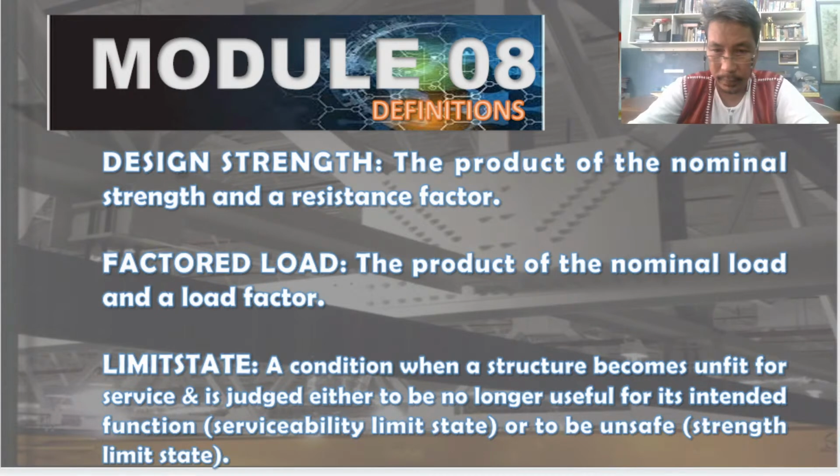Next we have factored load. The factored load is the product of the nominal load and a load factor. So when we are talking of load, we have a nominal load and a load factor. Multiplying those two together, we have the result, factored load.